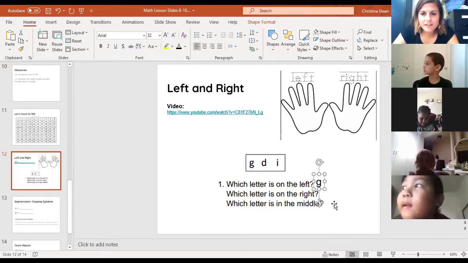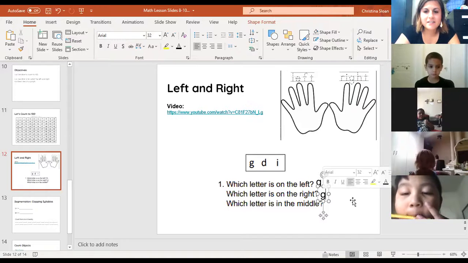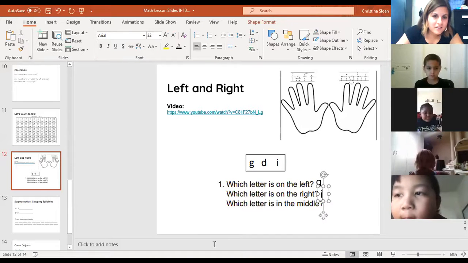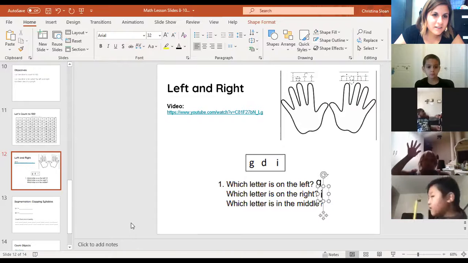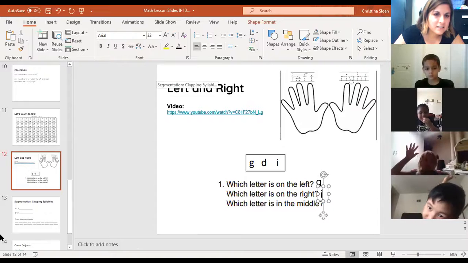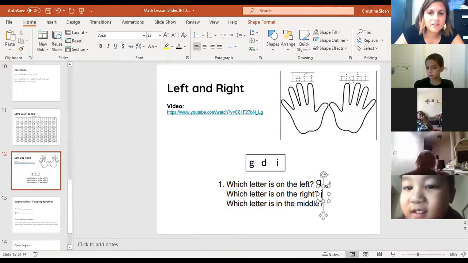And if I is on the right and G is on the left, then which letter is in the middle? Let's see. Oh, I see Genesis. Your hand is in the air. You can unmute yourself, Genesis. Which letter's in the middle?